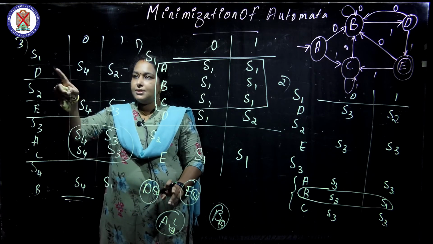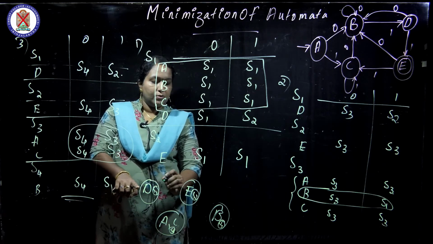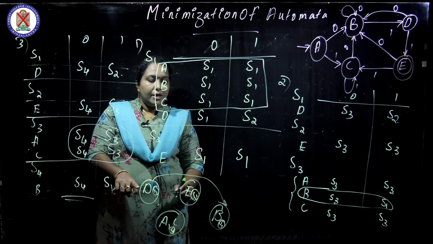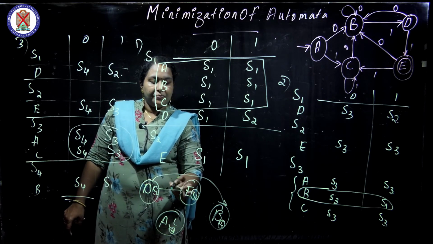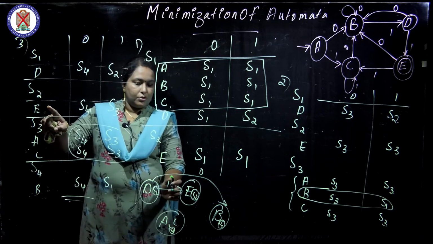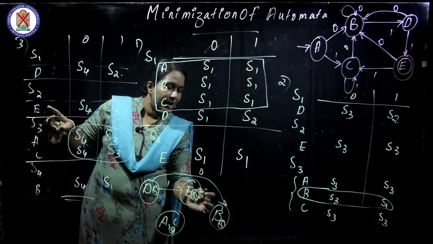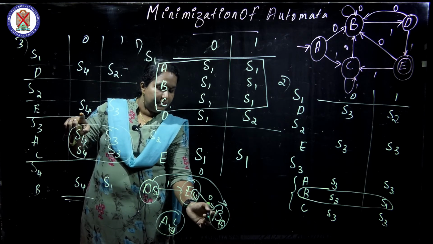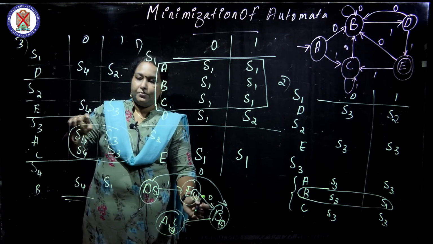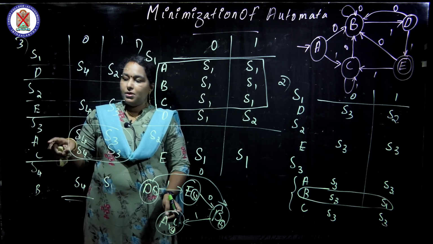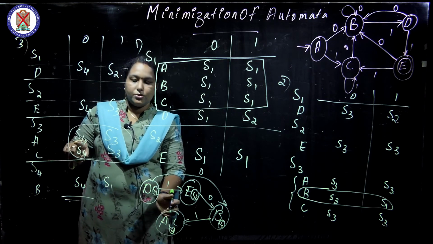So D is S1, so D on 0 goes to S4, D on 1 goes to what? S2. Next one, E on 0 goes to S4 and E on 1 goes to what? S3. Okay, then S3, A and C on 0 goes to where?